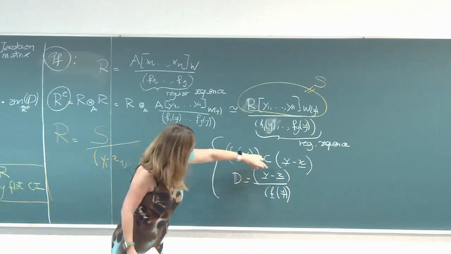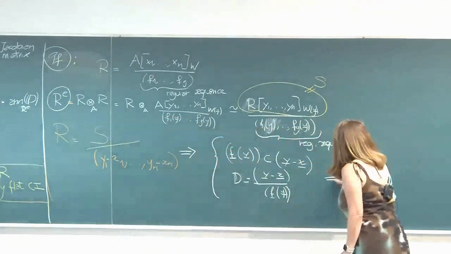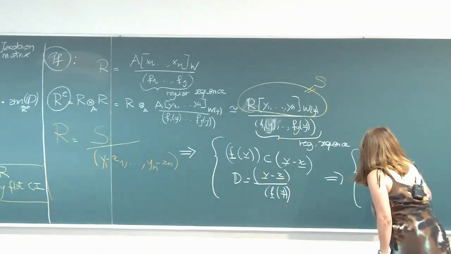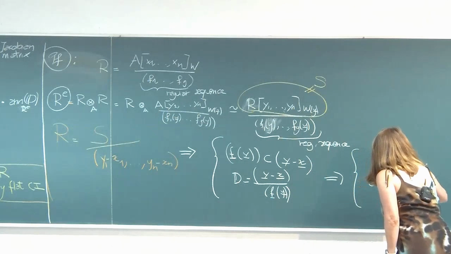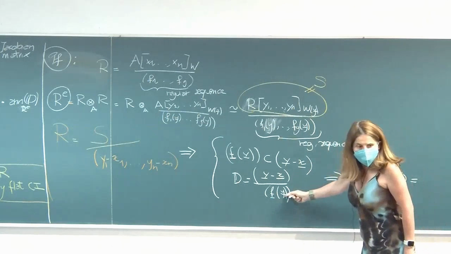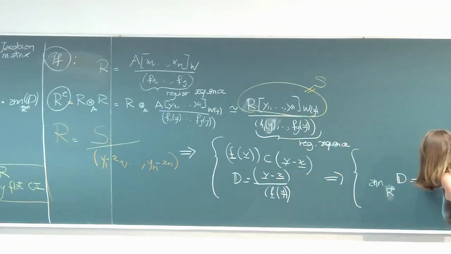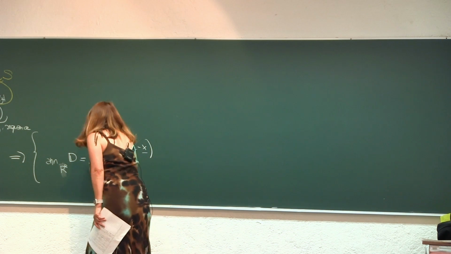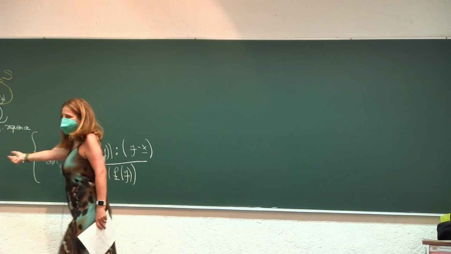And what do they tell us? Remember, I want to compare this with this. So I want to compute the annihilator. So I need to write the annihilator. But now I can write the annihilator here, because I have a nice expression of D. This is like an ideal divided by an ideal, J over I. What is the annihilator? Let's write the annihilator immediately from here. The annihilator over RE of D is simply, you have to find the stuff from this ideal inside here.